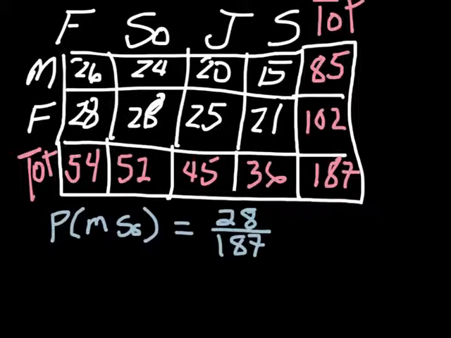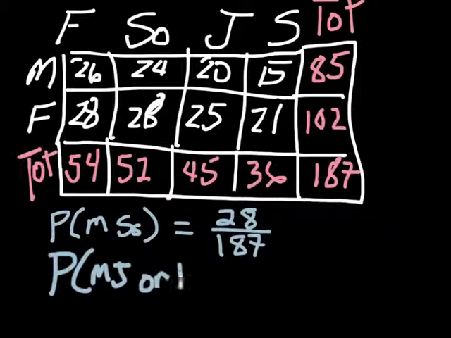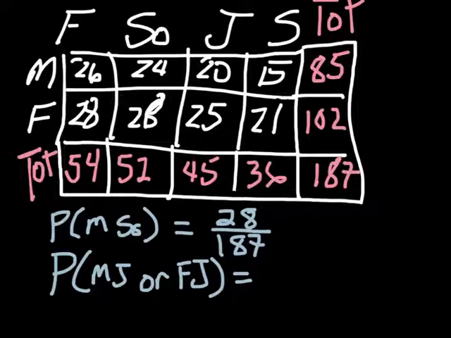So let me give you another problem here, and you can try. Find the probability of being a male junior or a female junior. Why don't you try that? The first thing you need to think about is, are these mutually exclusive?